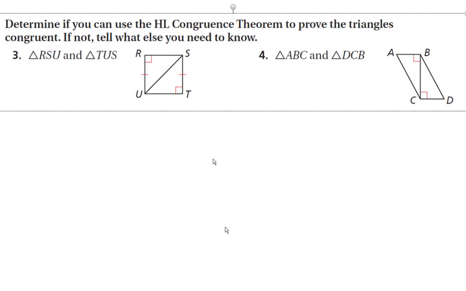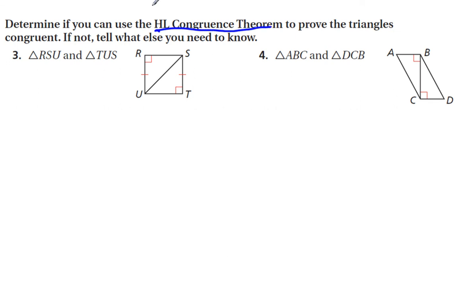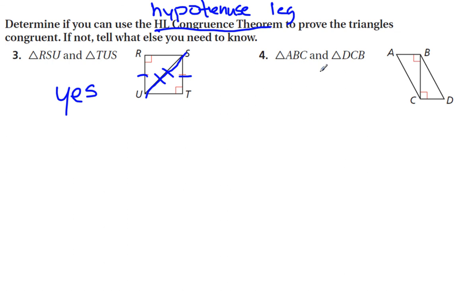Okay? Alright, the next 4 were pretty straightforward. We had to prove they're congruent using HL. So we needed one hypotenuse and one leg to be congruent. If you look at number 3, they share the hypotenuse. They have a leg in common. So the answer is yes.